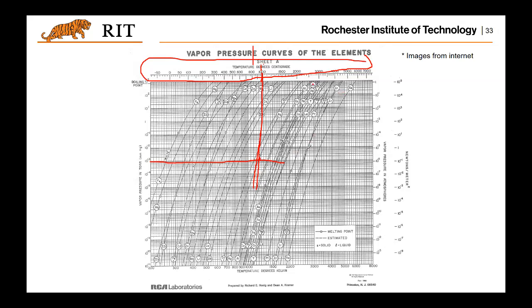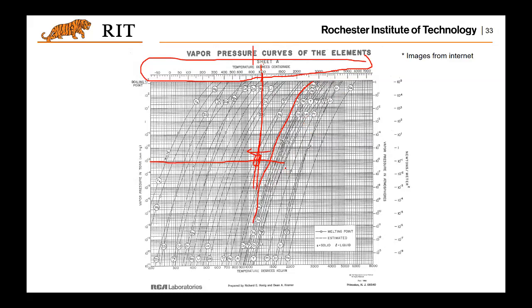On the other hand, if we look at aluminum, this is the curve for aluminum, and the point is not on the curve. It's on this side of the curve. That means at this point there will not be vaporization for the aluminum element.